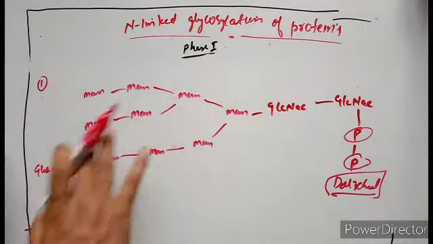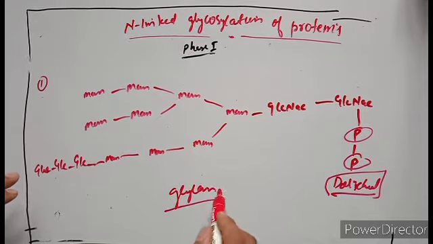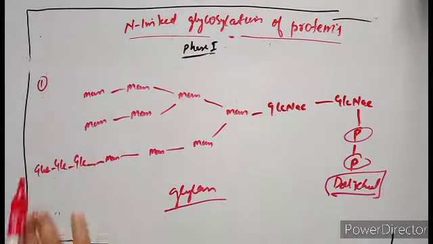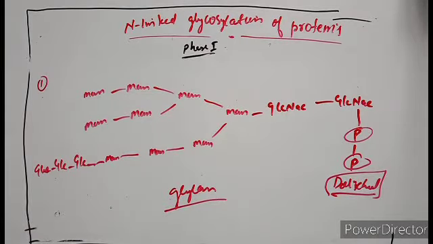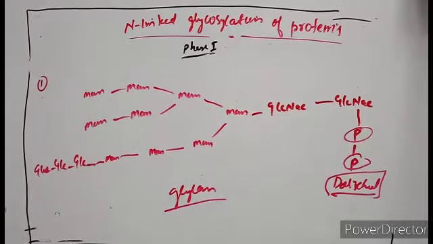So this is the general structure of the glycan, which is going to be added to the particular protein, mainly on the asparagine residue of the protein. Okay, see, this is the structure. So write down this structure and note down how this glycan looks.